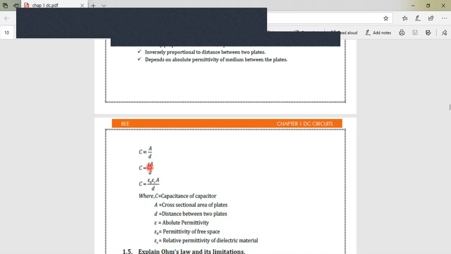So we can write epsilon equals epsilon 0 epsilon r, so C equals epsilon 0 epsilon r A by D. Here C stands for capacitance, A stands for area of plates, D stands for distance between two plates, epsilon is absolute permittivity, epsilon 0 is permittivity of free space, and epsilon r is relative permittivity of the dielectric material.